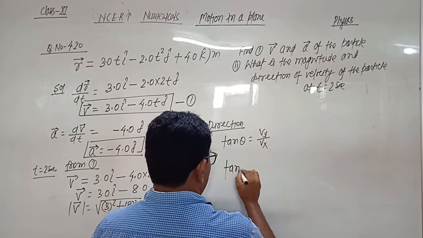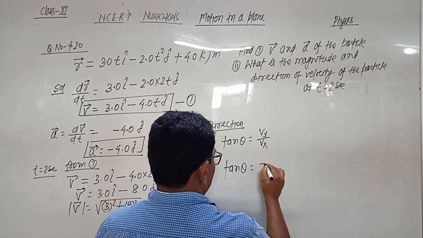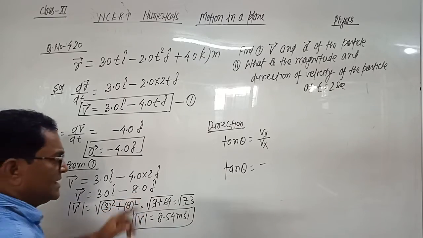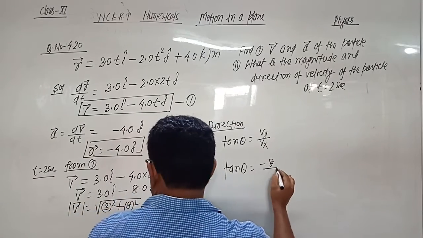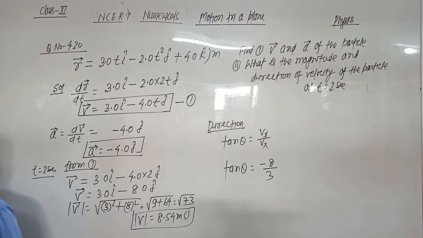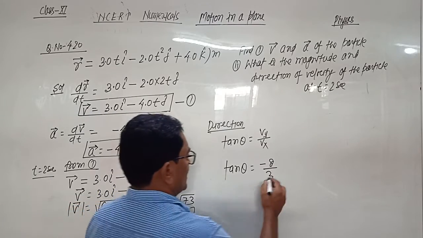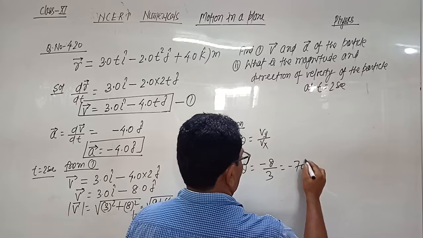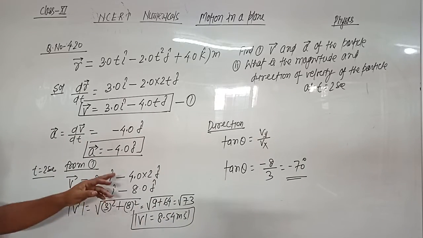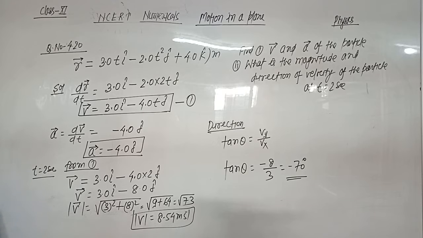So tan theta equals minus 8 by 3, and theta is around minus 70 degrees. This is the direction of the velocity of the particle, and that was the magnitude.